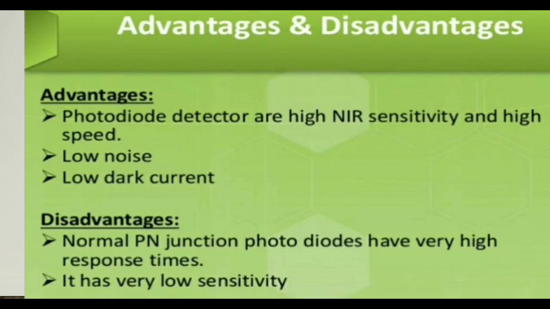These are the advantages. The disadvantage is that normal PN junction photodiodes have a very high response time and very low sensitivity. This is the main disadvantage of the photodiode.